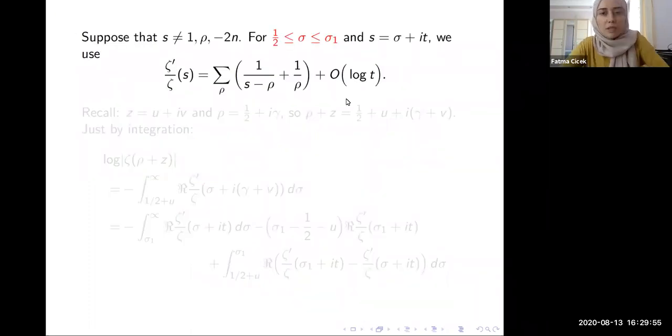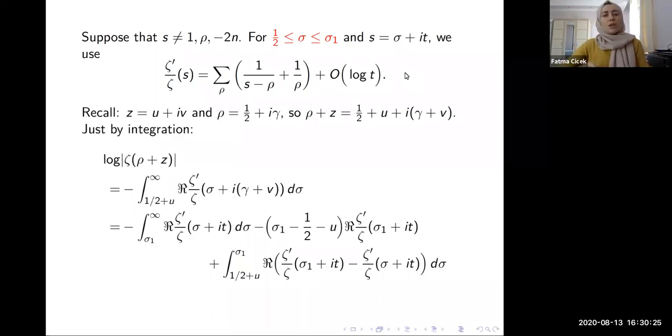When sigma is between 1 over 2 and sigma 1, we use a rather more general expression. This is given by the Hadamard factorization of an entire version of the zeta function. This can be easily checked to be true. So when sigma is between 1 over 2 and sigma 1, in between those, we will use this expression.